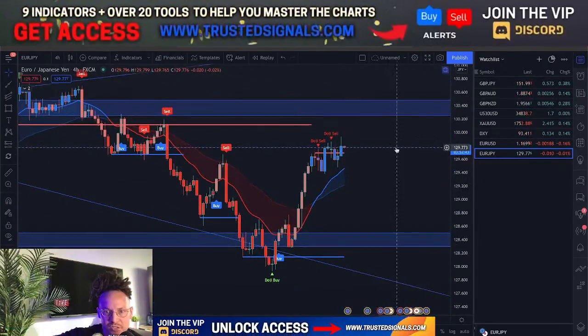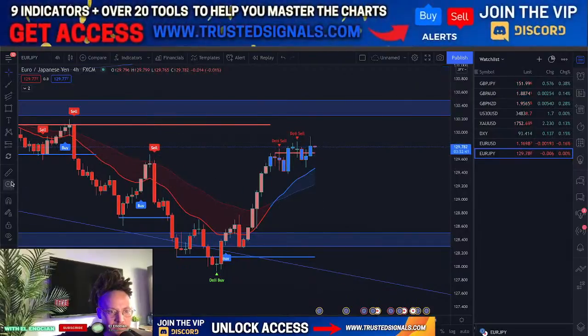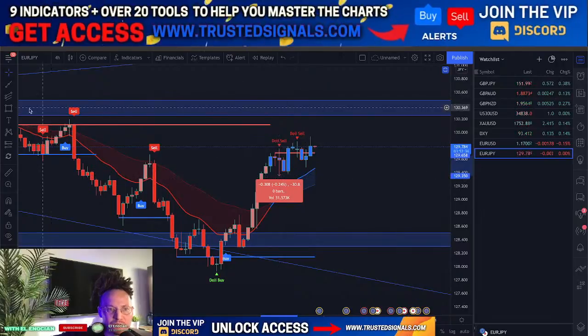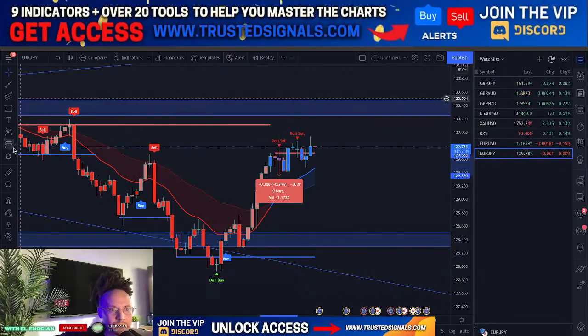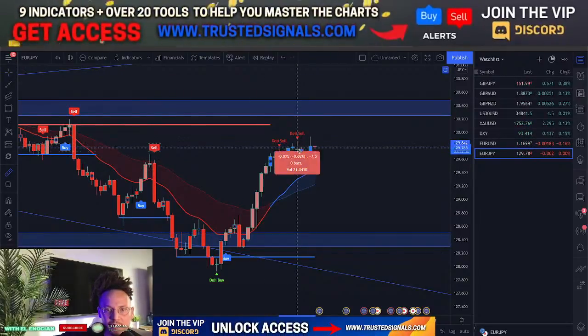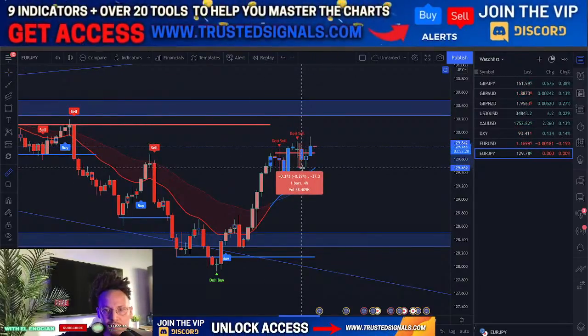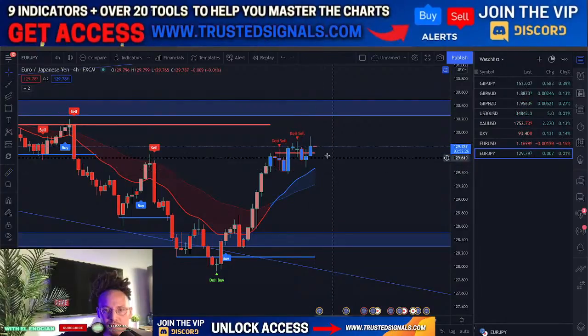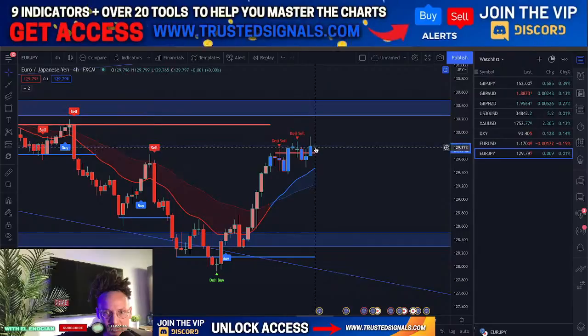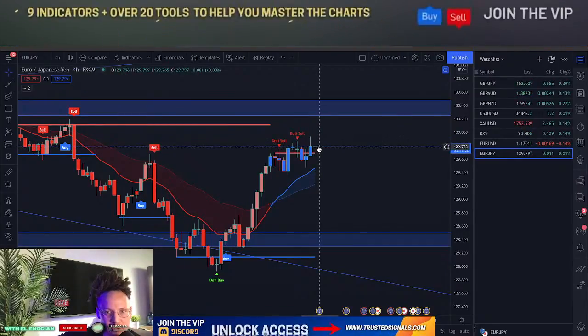We have some Doji sells that came in for quite a number of pips. Let's see, Doji sell for 30 pips. Another Doji sell here for 37 pips. We could see here that it already broke above this resistance line, and it's now going to act as support.